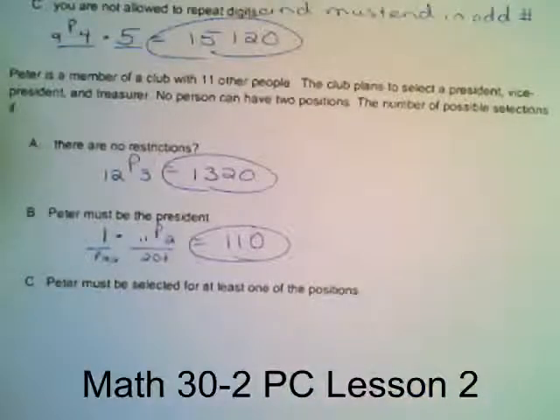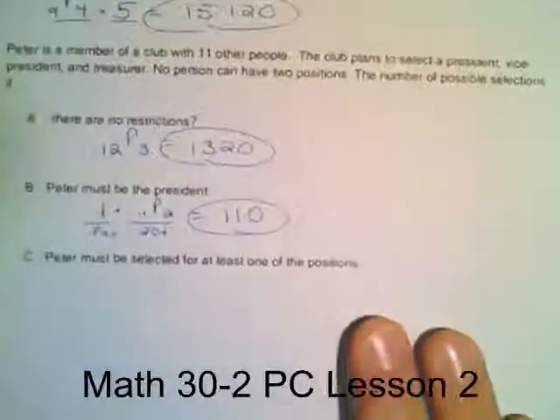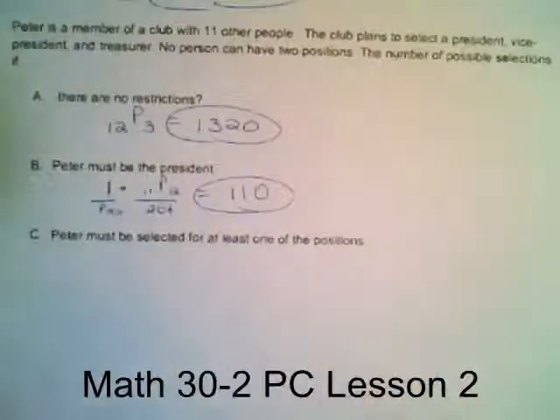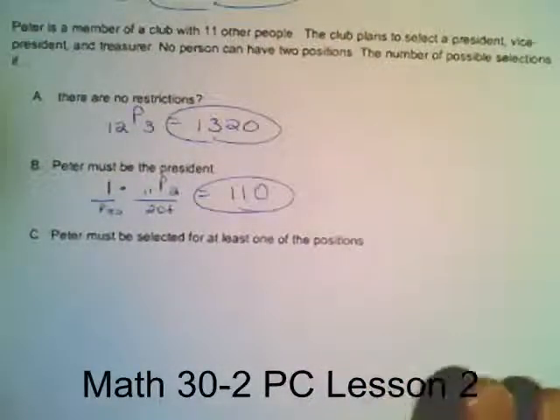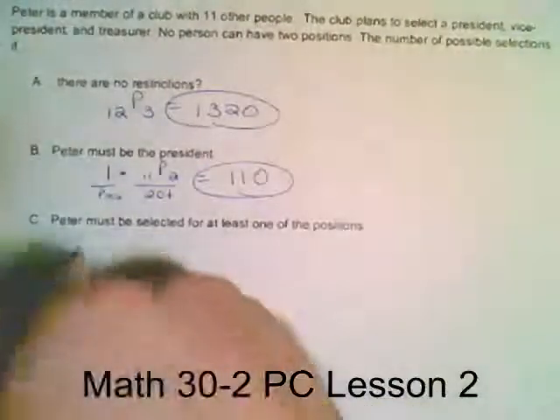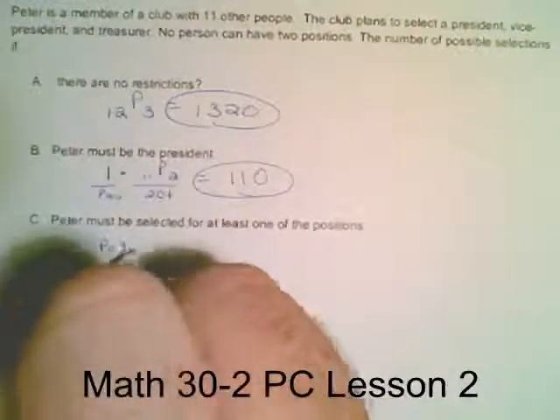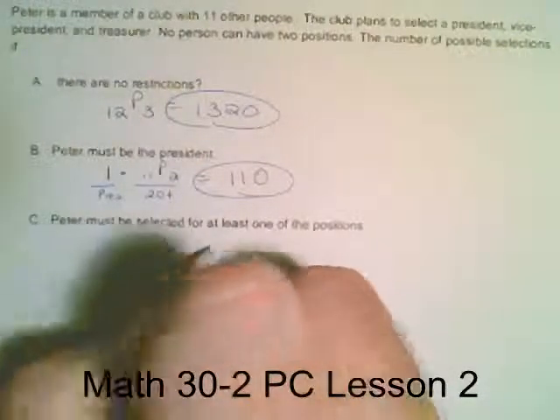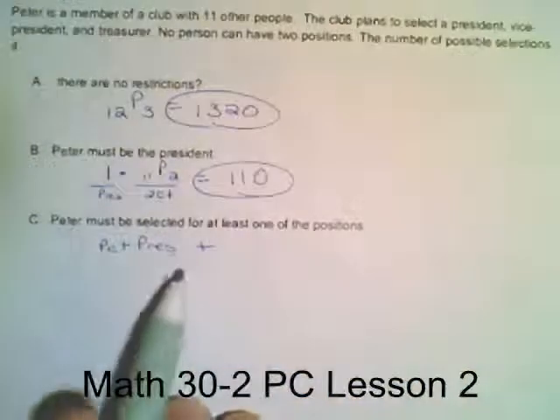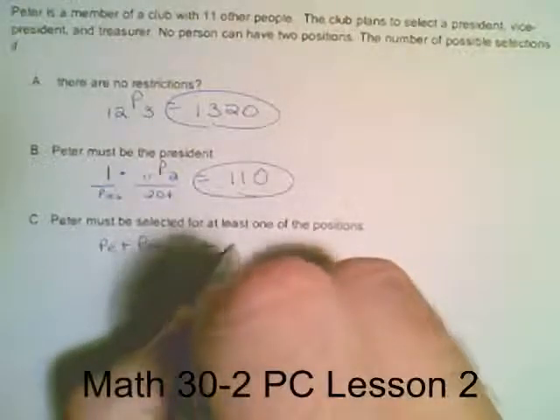So I end up with 1 times 11 pick 2. 11 pick 2 is going to be 110. So there are 110 of those 1,320 committees. 110 of them have Peter as the president.